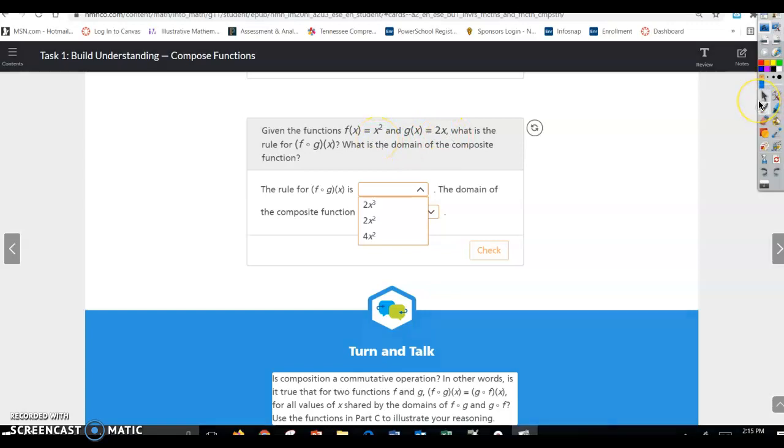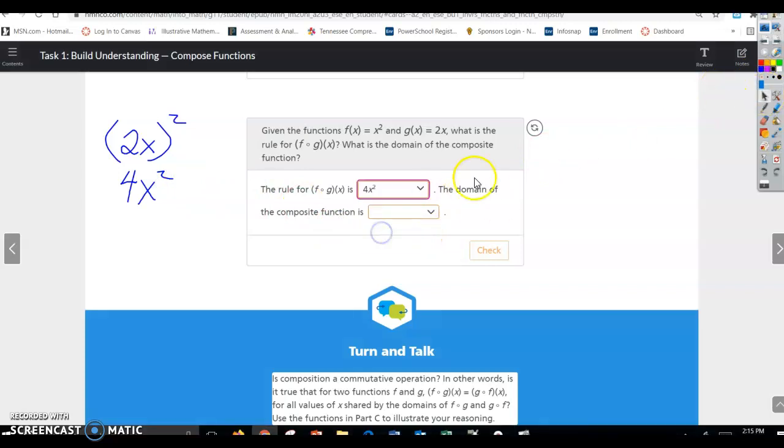They're trying to ask, what is the rule combined? So you do this first, and whatever that is, we put it here and square it. So that's going to be 4x squared. All right, so the domain of the composition of functions should be all real numbers.